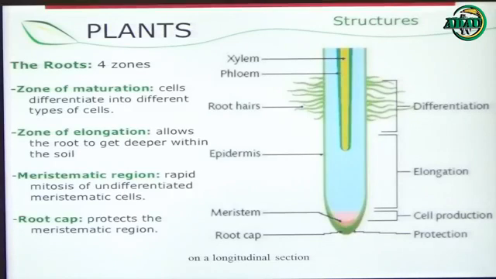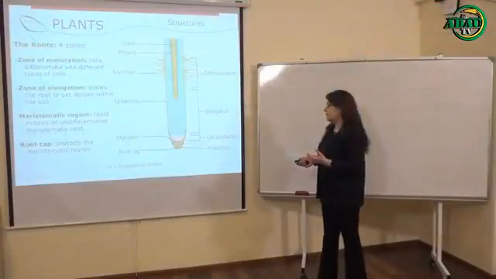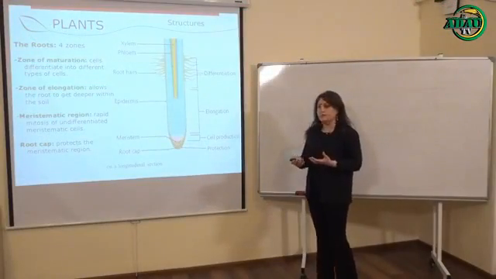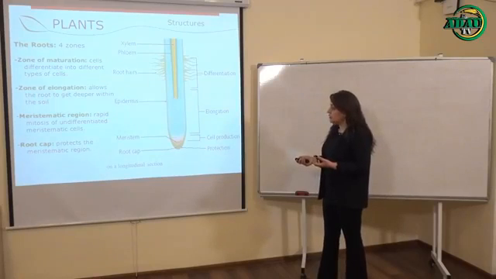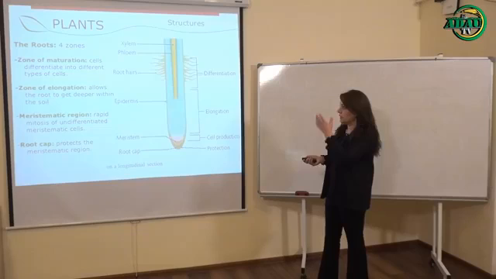The first zone is the zone of root cap. Root cap is a cap-like structure that covers the growing tip of the root, and its primary function is to protect the apex of the root. Root cap is a protective layer of cells that covers the tip of the growing root.